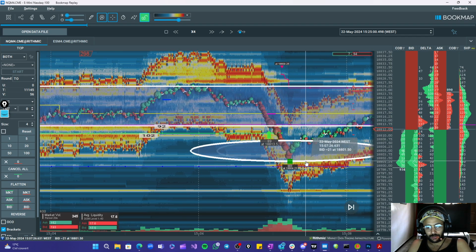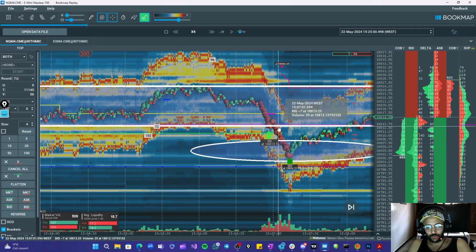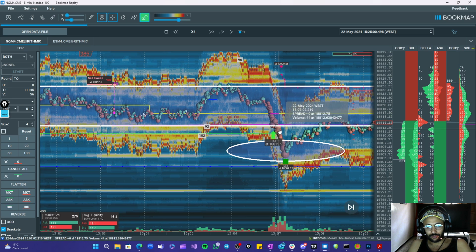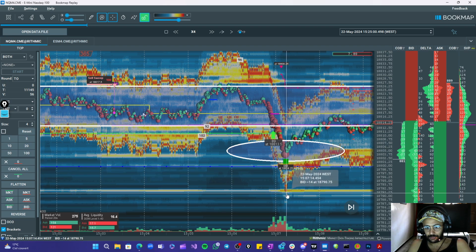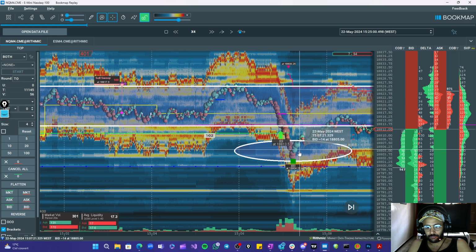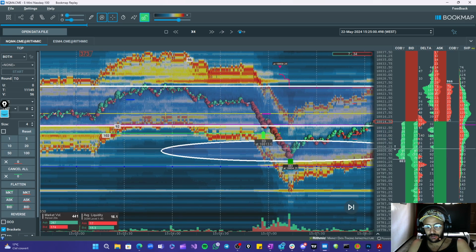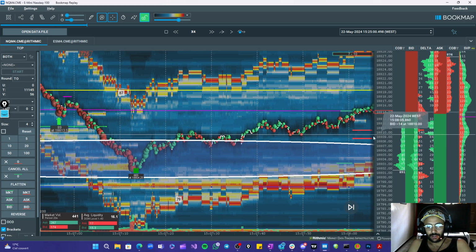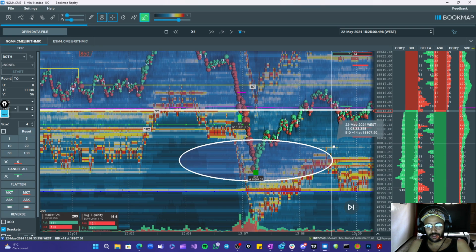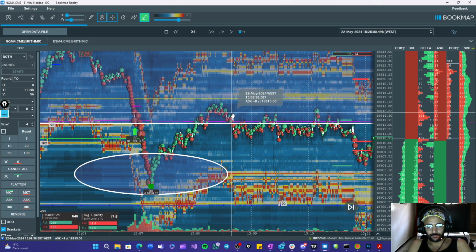We break, we have an exhaustion, we tell the bidders that the market will go to the downside, and then boom, we reverse, and we are building an uptrend, as you can see.